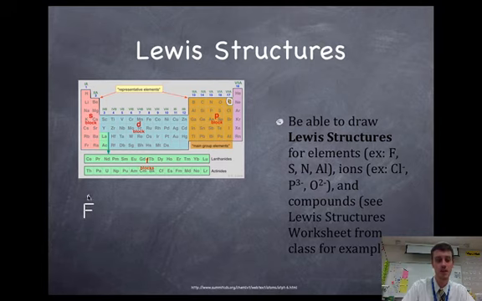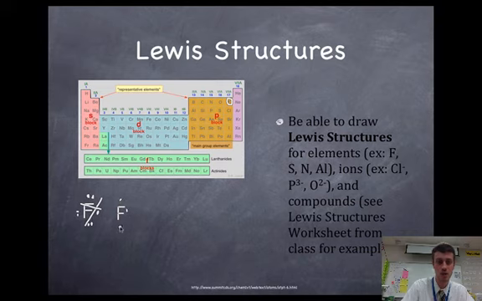So I'm just going to write my electron dot structure, which is 1, 2, 3, 4, 5, 6, 7. Scratch that, I just kept counting and went crazy there.